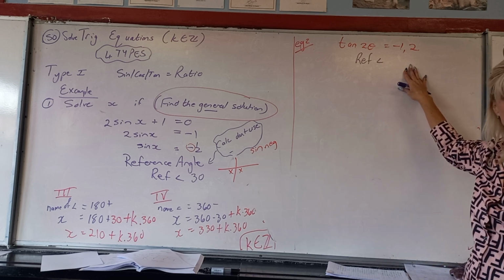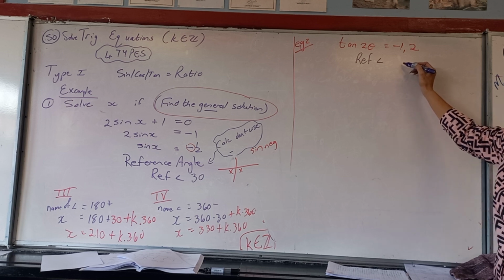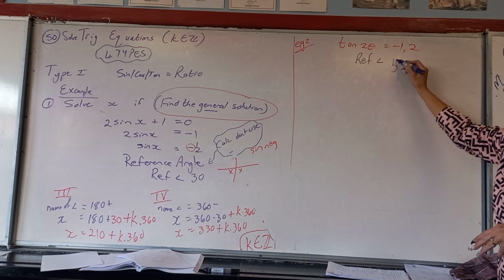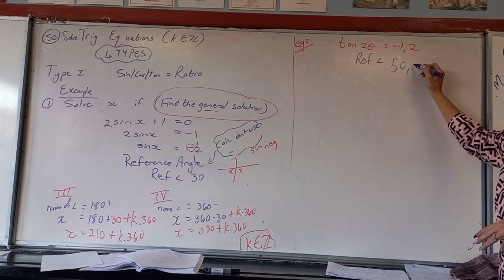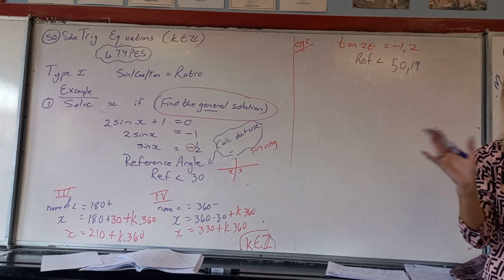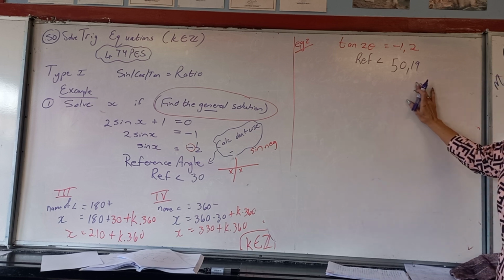No, it's just a tool to get to your correct answer. So that will be 50,19. Please always do 2 decimals because the matric papers are always 2 decimals, so I stick to 2 decimals unless the question asks otherwise. Is it 19 correctly rounded off?